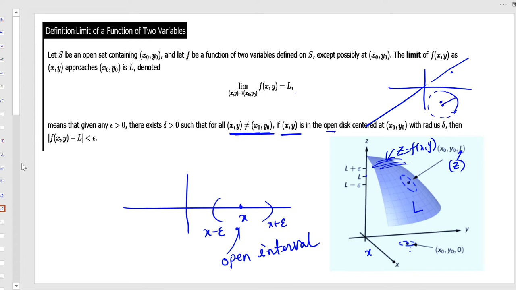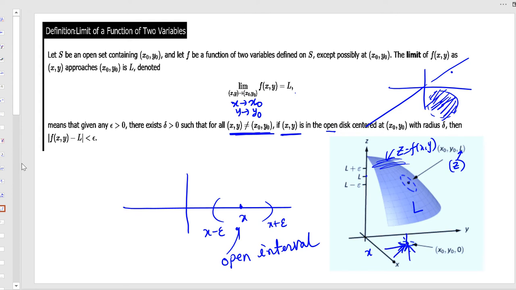So this is a disk, that means considering all the points, so x goes to x naught in any direction and y goes to y naught in any direction.